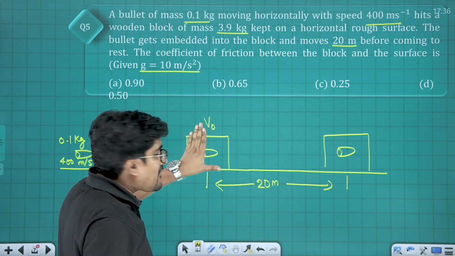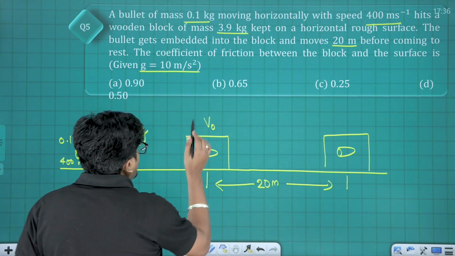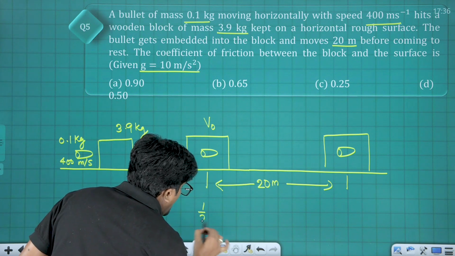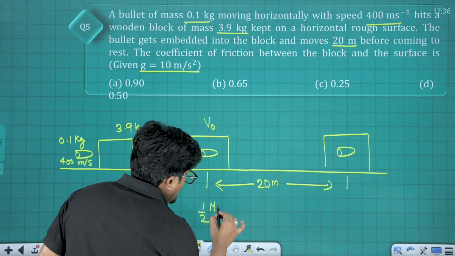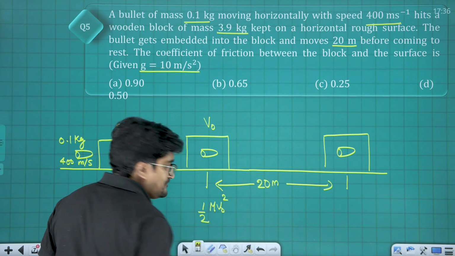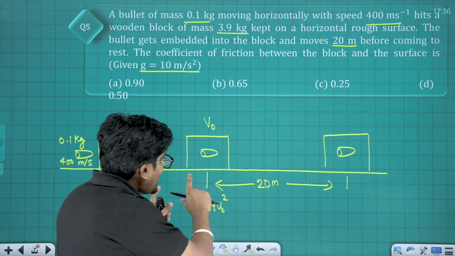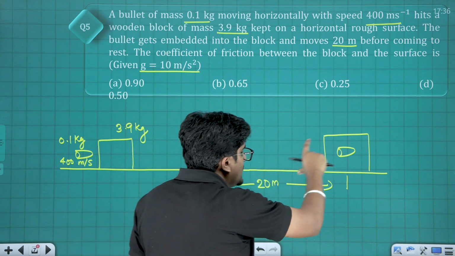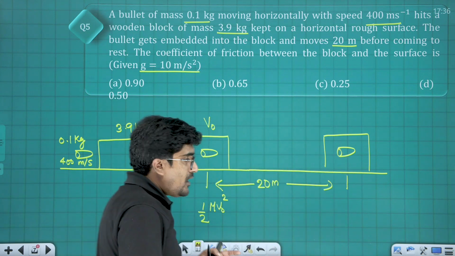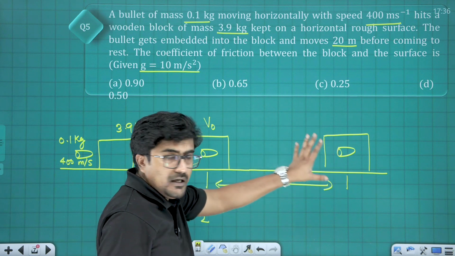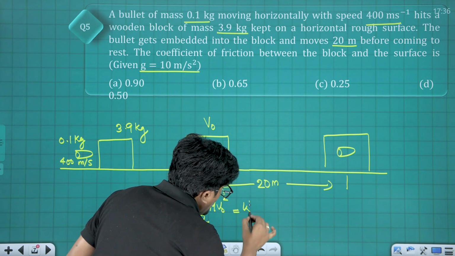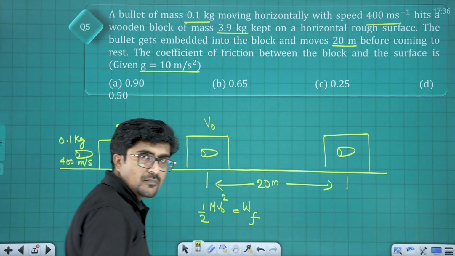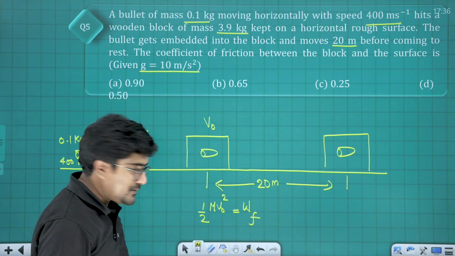So now it has an initial kinetic energy, and that initial kinetic energy is half of the total mass, total mass I am taking as capital M, into V naught square. Now this kinetic energy is continuously getting dissipated and finally coming to a state of rest. This kinetic energy is equal to the work done due to friction.